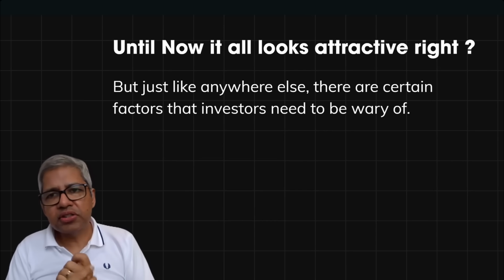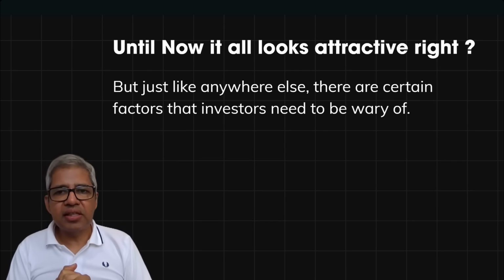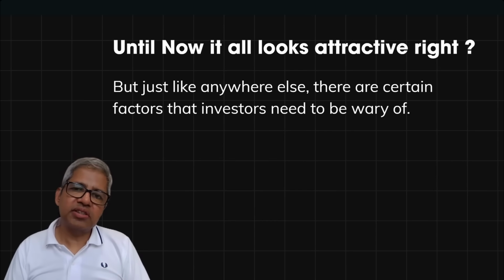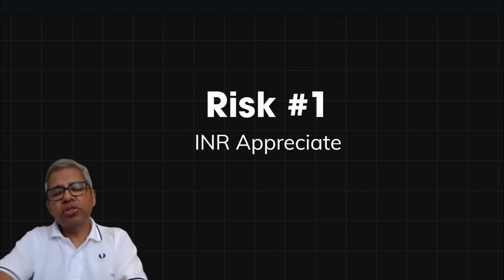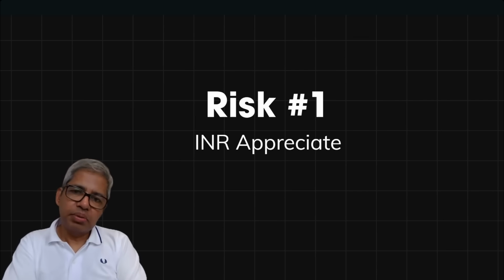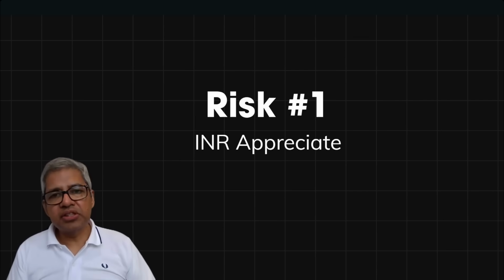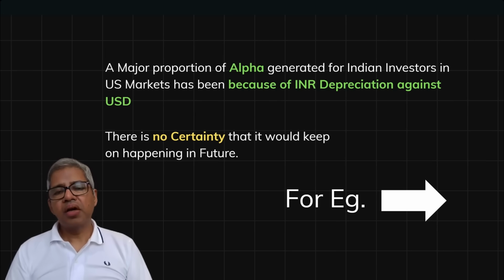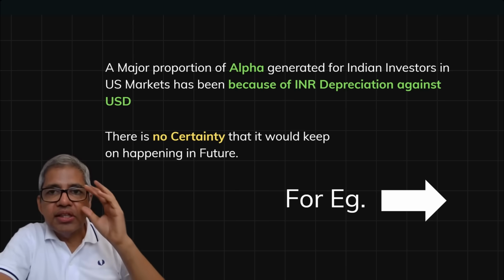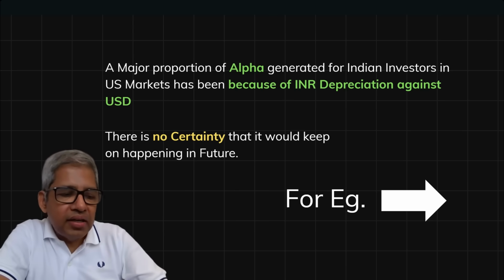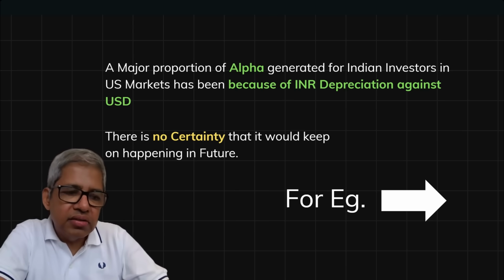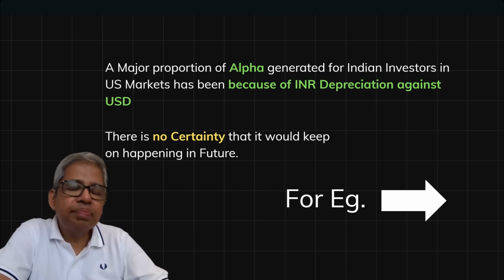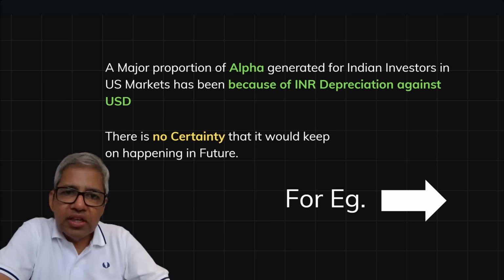So until now, it all looks attractive, but just like anywhere else, there are certain factors that investors need to be wary of. The most important factor is INR appreciation. What happens if INR appreciates? That is the biggest risk. There's a lot of talk about the US dollar collapsing in the next few decades, and India regaining some of its past glory. Whether it will or not, nobody really knows.